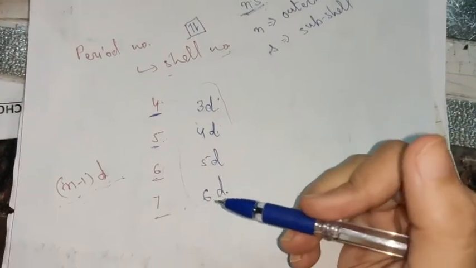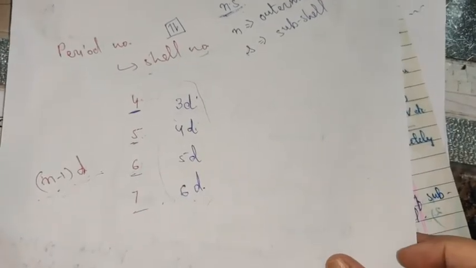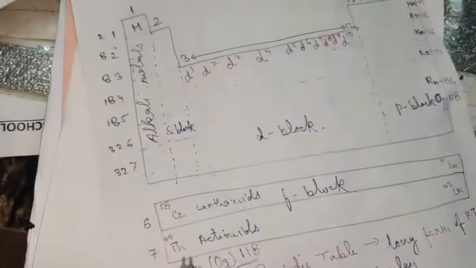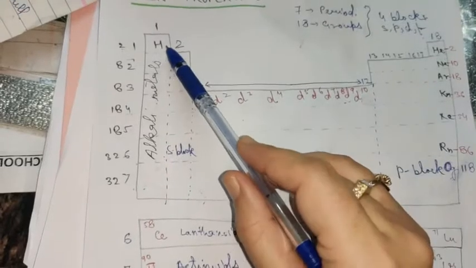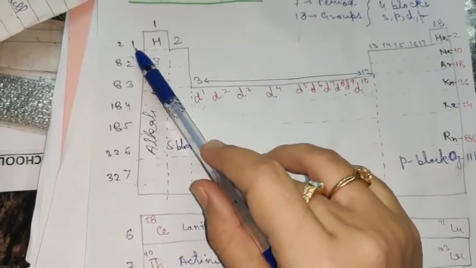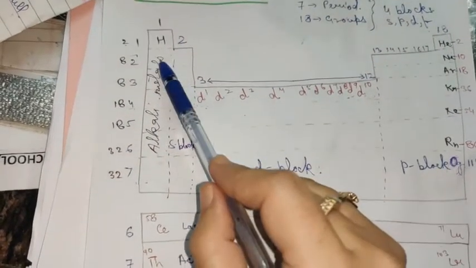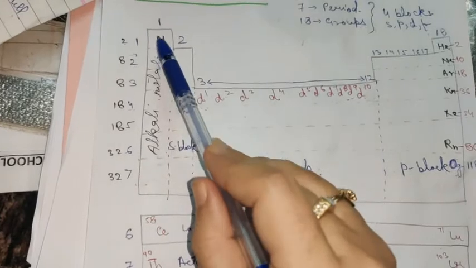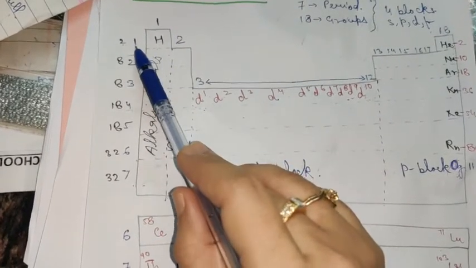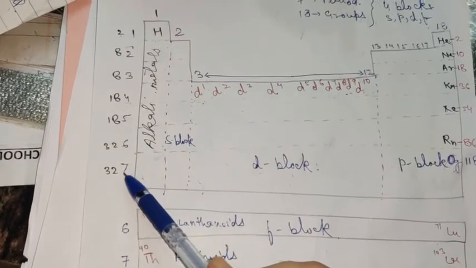And now one more thing, children. If you compare it with the Aufbau principle, you can see here S block starts from period 1 and ends at period 7. Again I am explaining this. S block is beginning in period 1 and ending at period 7.